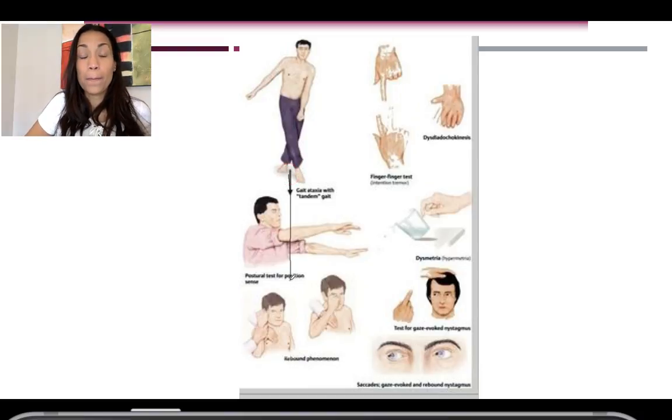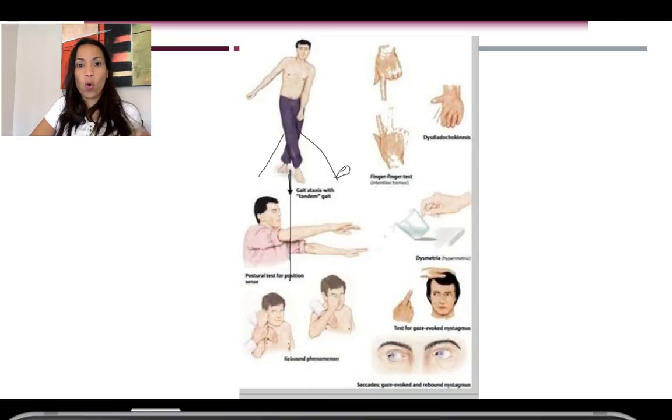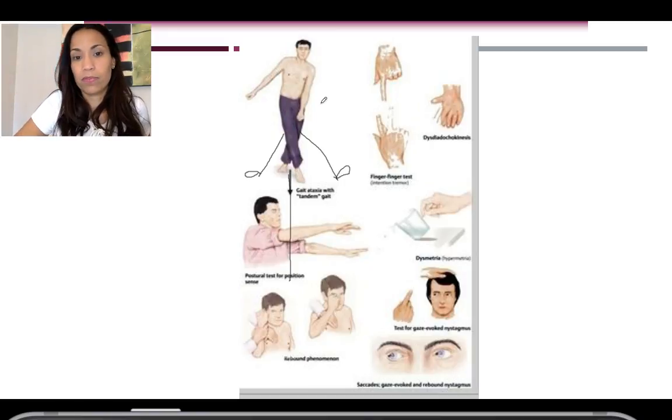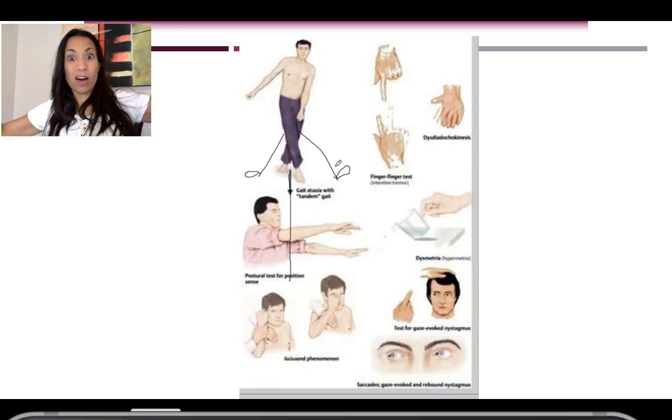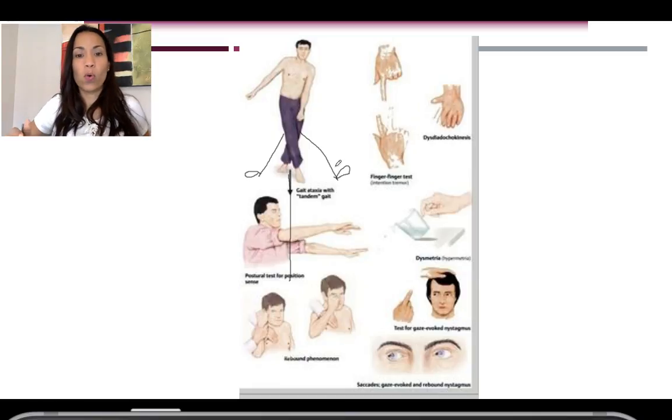Actually, individuals with cerebellar injuries walk, and this is automatic, with the legs open, trying to increase the base, the stance, the center of gravity, so as to avoid falling. So they walk kind of like a penguin, but with the legs open.